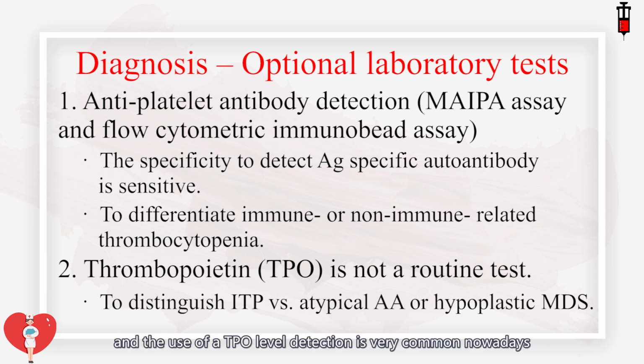The use of TPO level detection is very common nowadays, and it can differentiate deficient bone marrow function from proliferative bone marrow function, especially of the megakaryocyte series. So to diagnose ITP, you have to exclude all the other reasons. And if you still cannot decide, you can use MAIPA and TPO level detection.